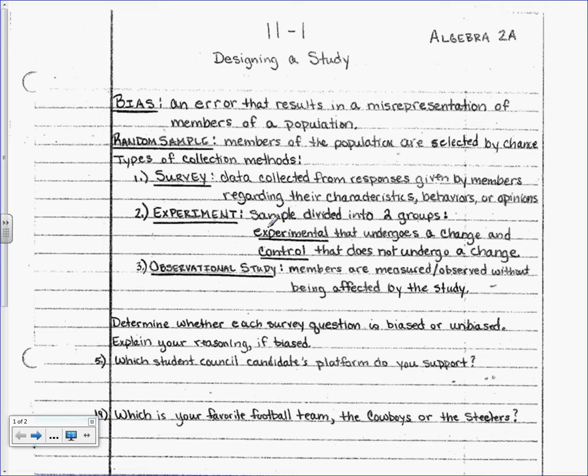Bias. You guys have heard of bias and unbiased, right? Can somebody give me an example of either of them, biased or unbiased, in the real world, not necessarily a math class? Just give me an example.